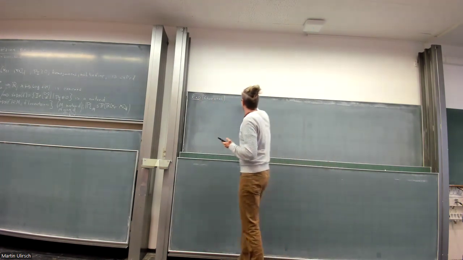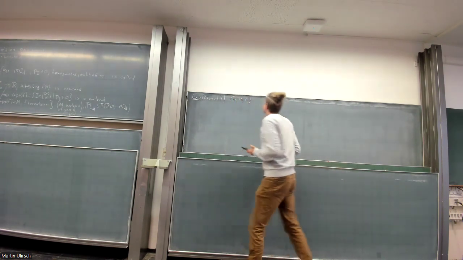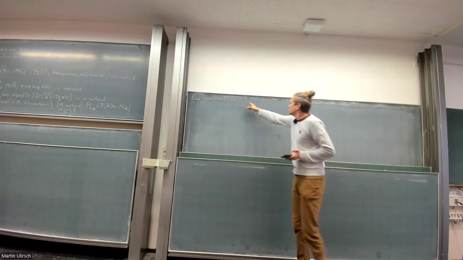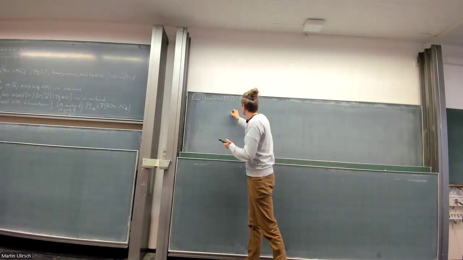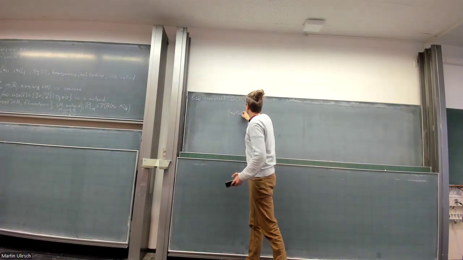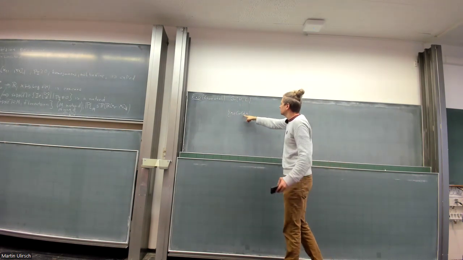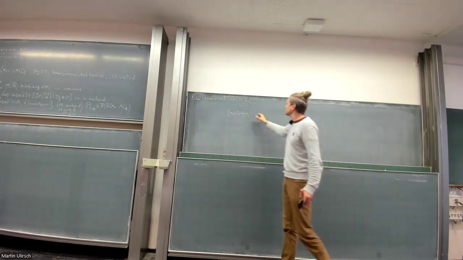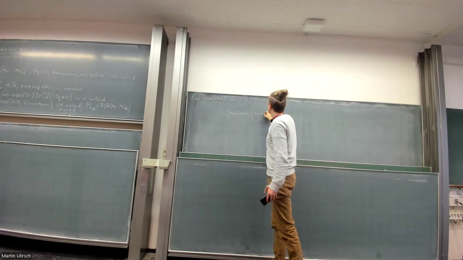So we look at the points in the Grassmannian of d-planes in n-space with non-zero Plücker coordinates.